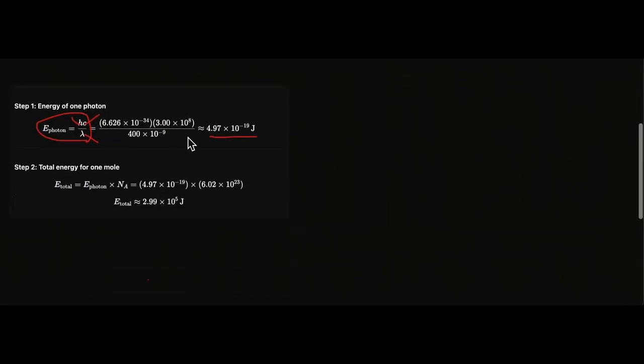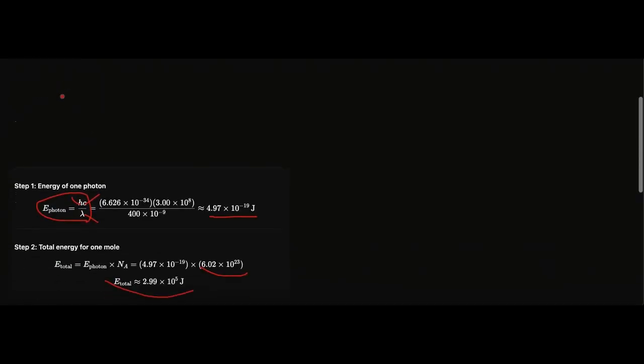Okay, so now that we have the energy emitted for 1 photon, we simply need to multiply that by the Avogadro's number, and we are gonna get the total energy. So this is the correct answer, and this is number 2.